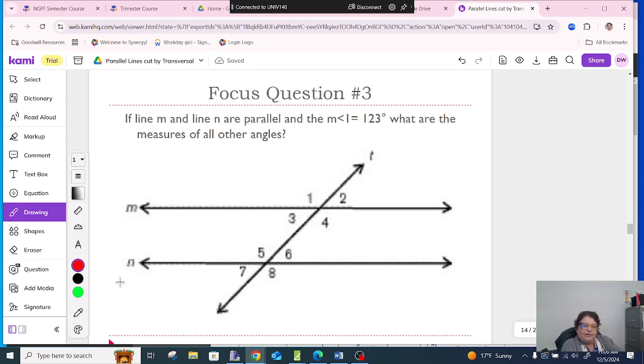Okay, so question 3. I'm going to have everybody do this one. And then I want you at your tables, check your neighbor, make sure you got all these correct.